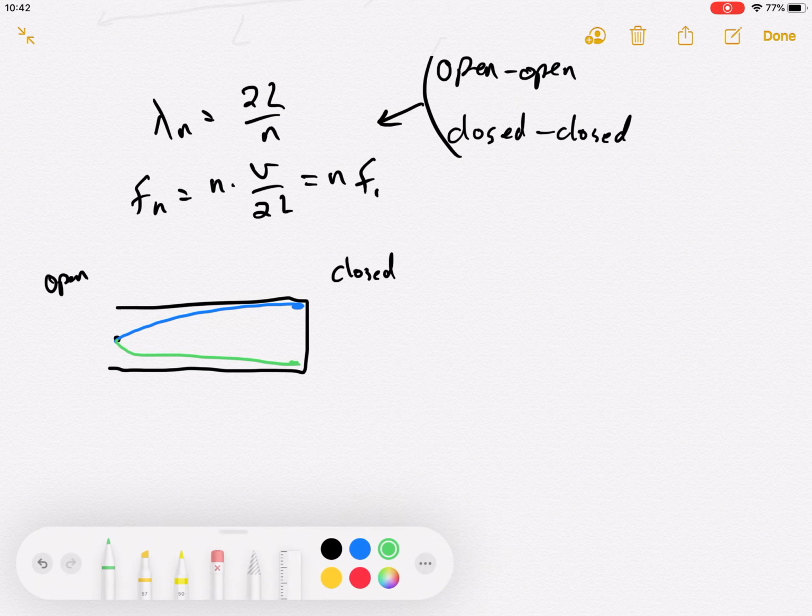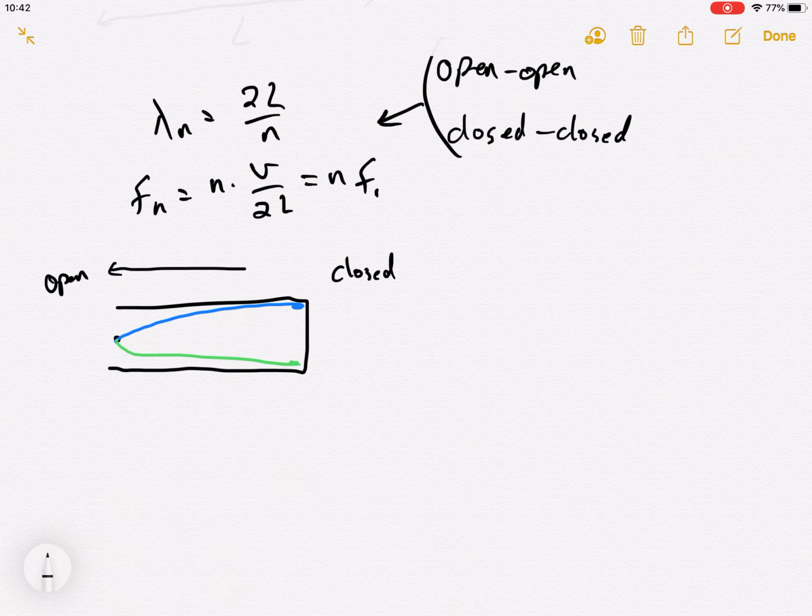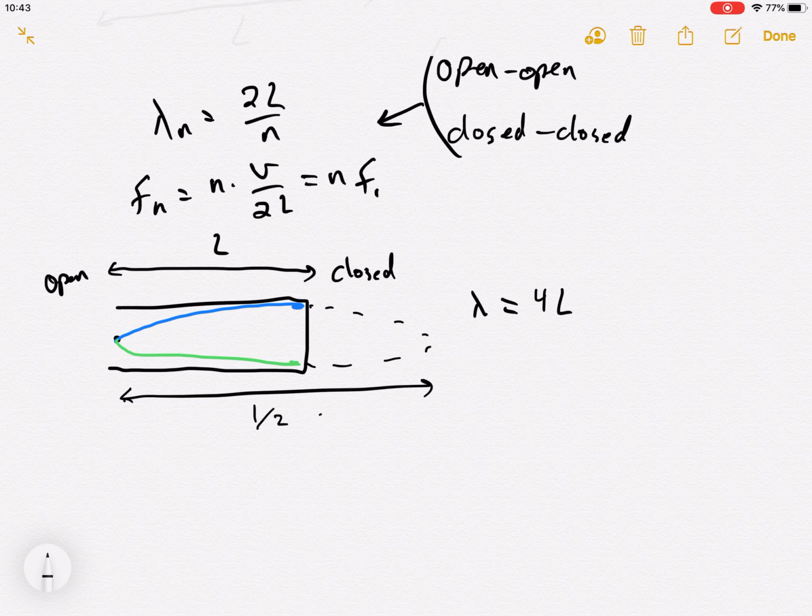What you can notice here is if this tube still has a length of L, the wavelength here is 4 times L, right? Because that much is only half a wave, that's a half of a wavelength, which means this is a quarter of a wavelength. Or if L equals a quarter lambda, then lambda equals 4L, which is why I wrote that.